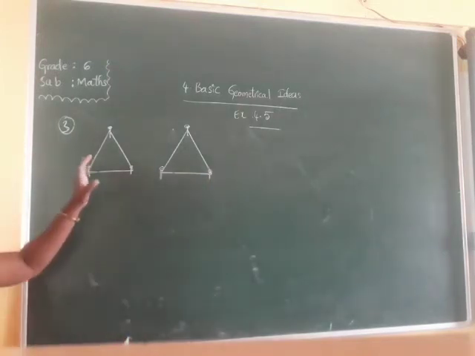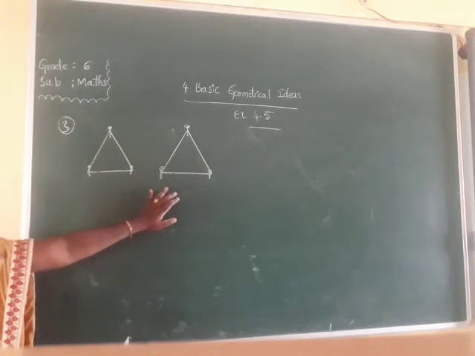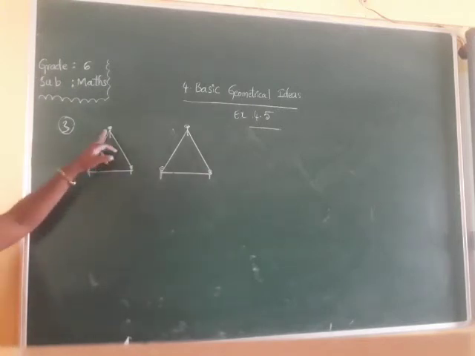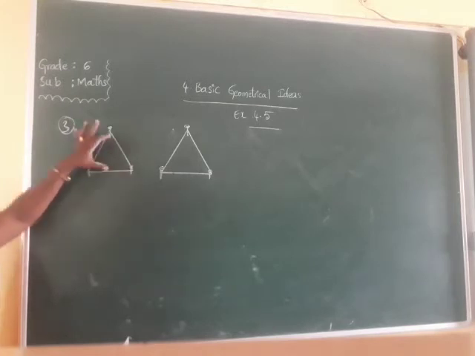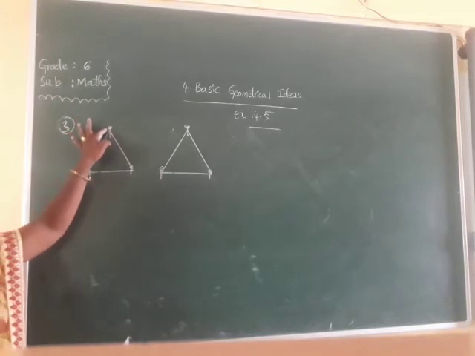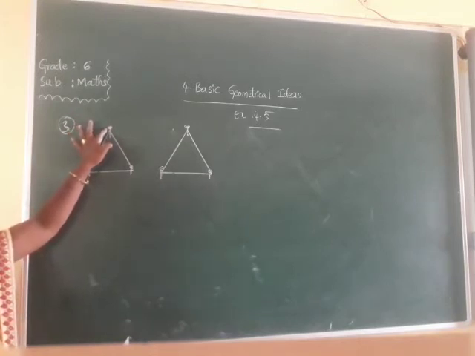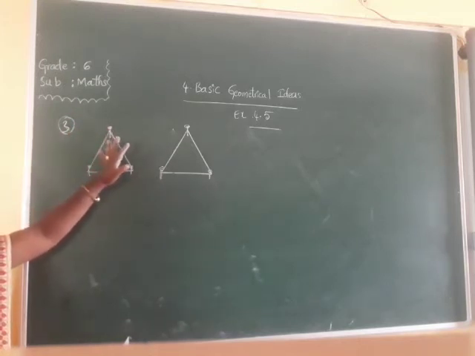Okay, so observe these two triangles. On moving the vertex of the triangle, suppose if you move this one, is there any shape change? No, there is no change in the figure.